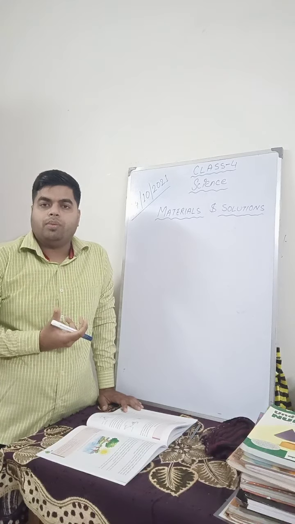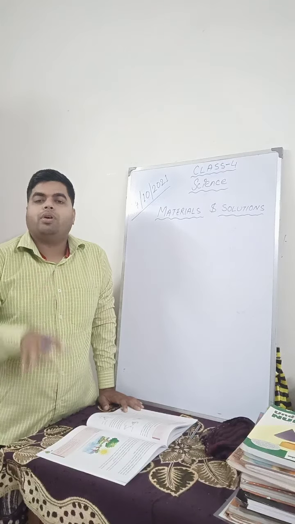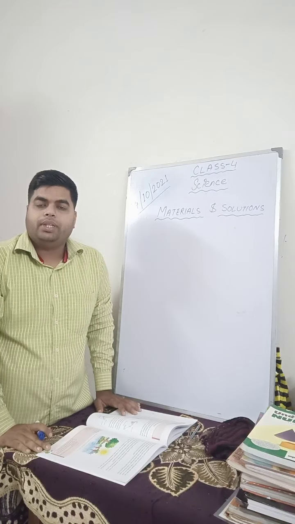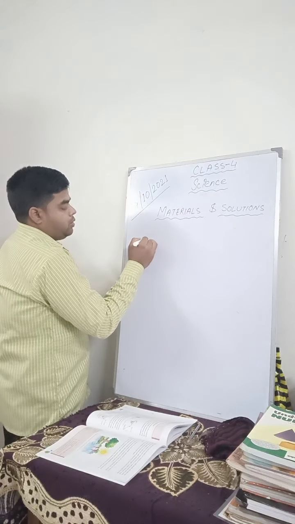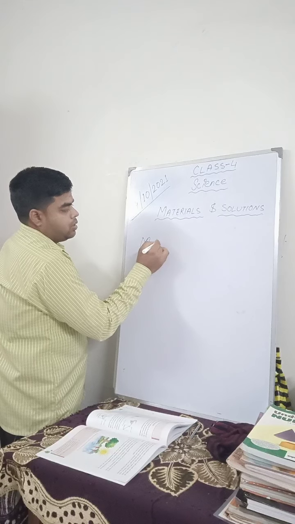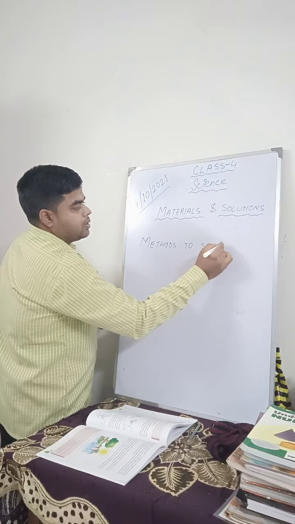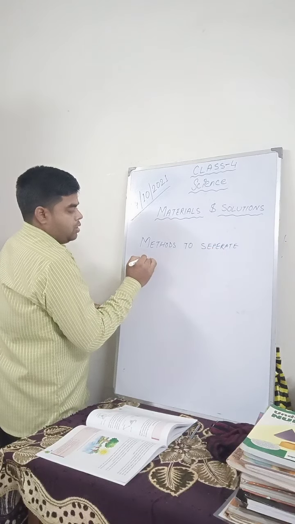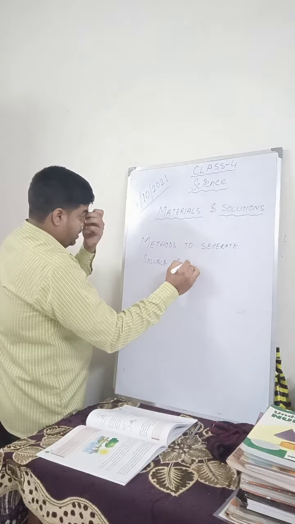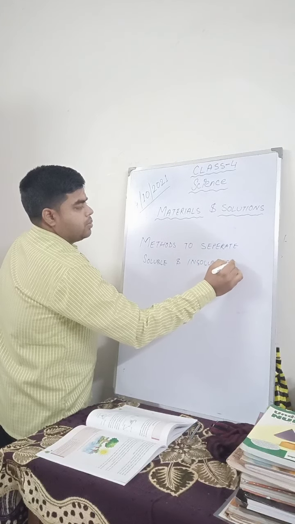So when a solution is formed, and suppose you need to separate the solute and the solvent, you have to have a method, a process, to separate the components of the solution. These are the methods to separate soluble and insoluble substances.